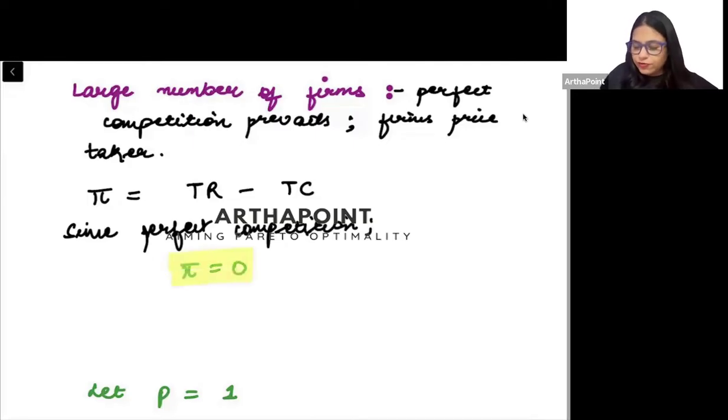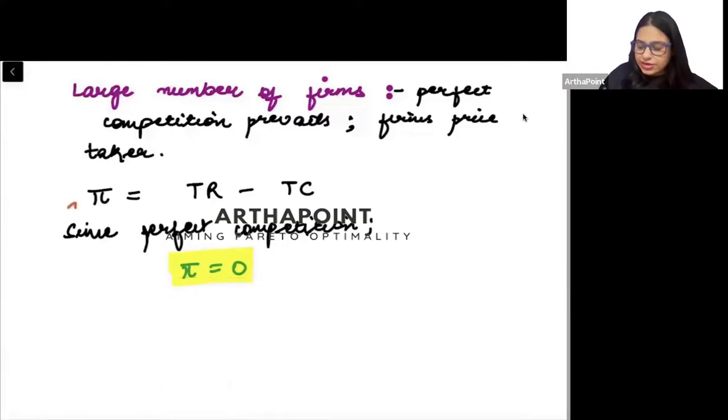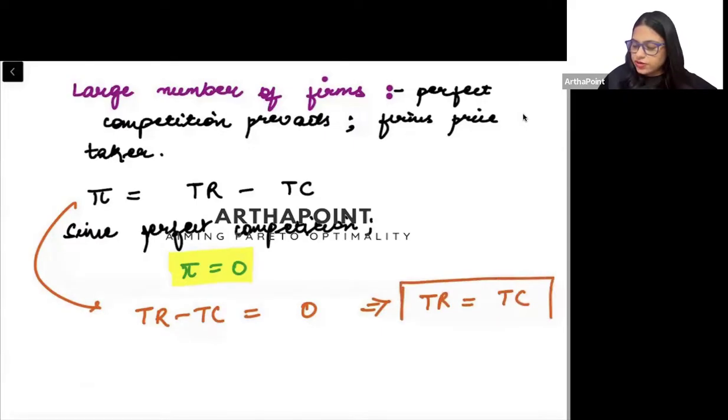I will get 0 profit. So it means that TR minus TC will be 0, so I will get that TR will be equal to TC. Total revenue will be equal to total cost.